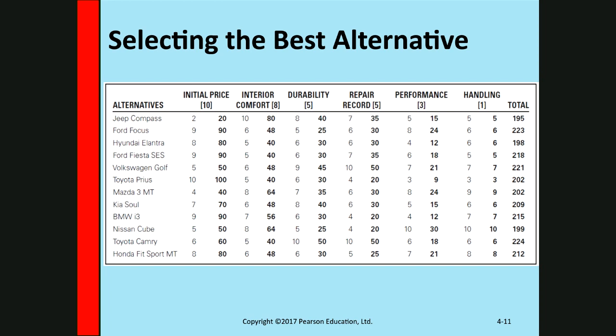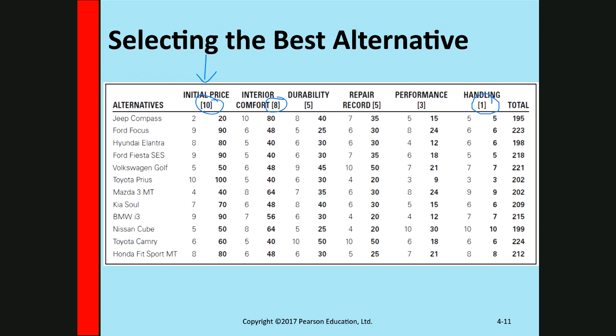When you look at this, remember the weighting: this buyer weighs the price as the highest. He gives 10, 8 for interior comfort, 1 for handling, remember? Let me just go back to the slide.